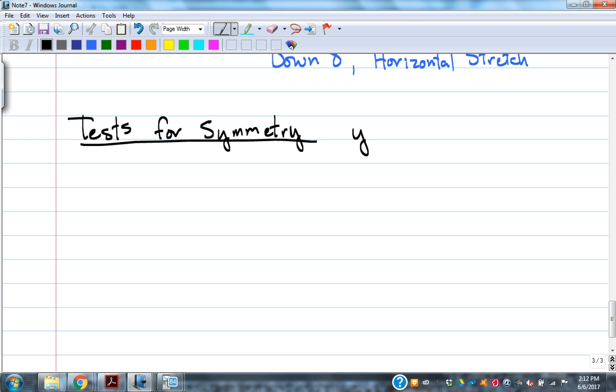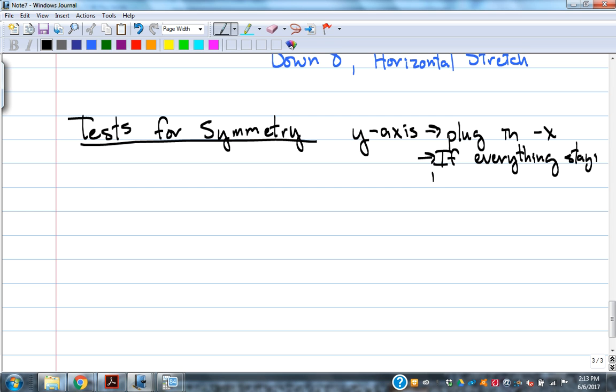Okay, so if we want to test for y-axis symmetry, so that means you could fold it at the y-axis and it would match up, you want to plug in negative x. Okay, if everything stays the same, it's symmetric about the y-axis.